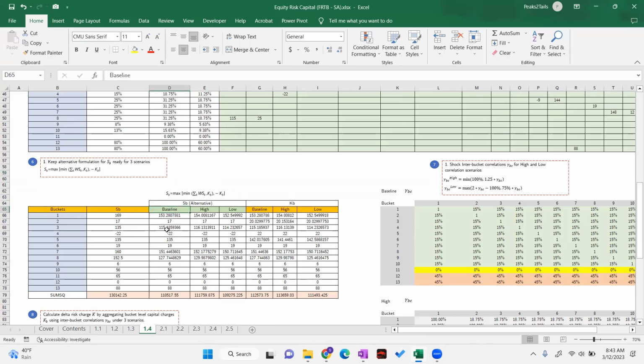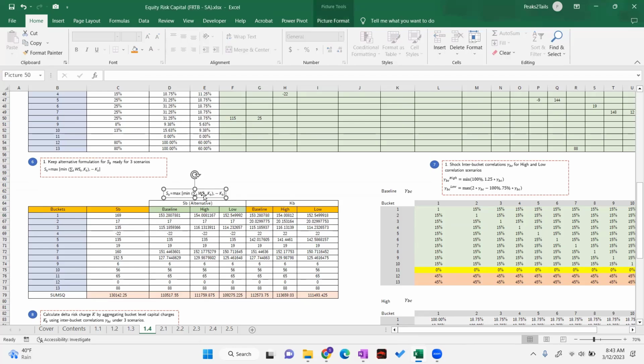For baseline, you have a different KB. For high, you have a different KB. For low, you have a different KB because we are using different intra-bucket correlations. So for each scenario, KB is different.